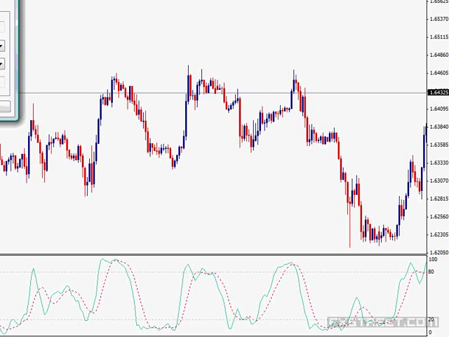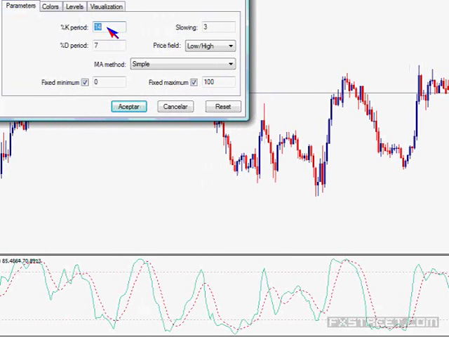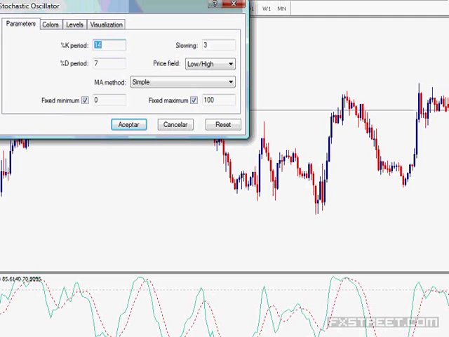So that %K line is telling us the relationship between the highs or the lows of the sessions with regard to the close of those periods, okay?